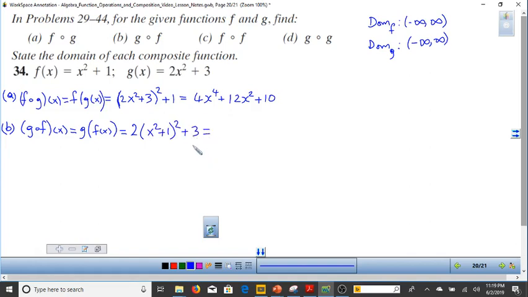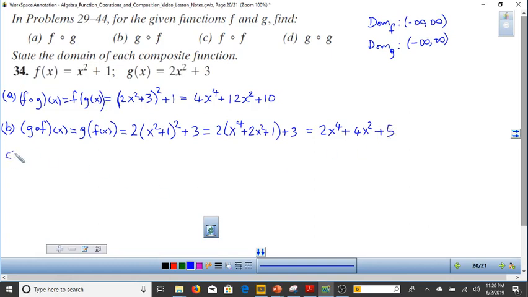And if you do a little distribution here, you'll get 2 times x to the 4 plus 2x squared plus 1. And then we're going to add 3, so that overall will be 2x to the 4 plus 4x squared plus 2 plus 3 is 5.